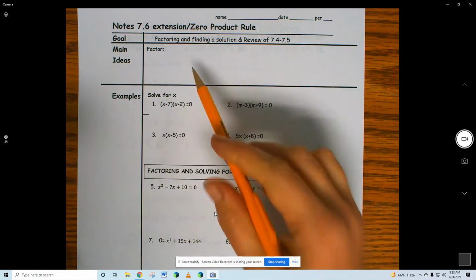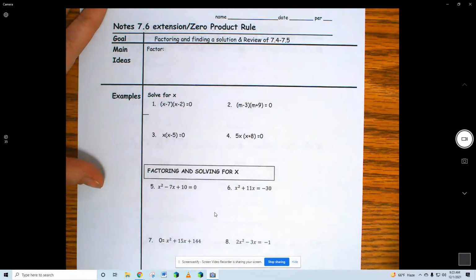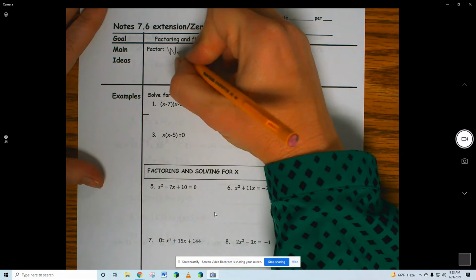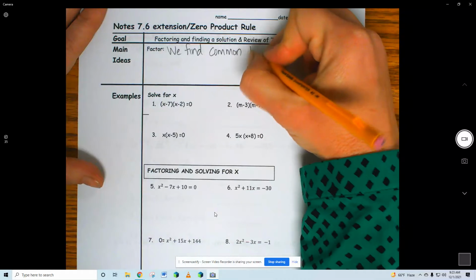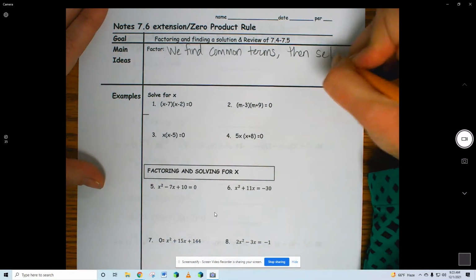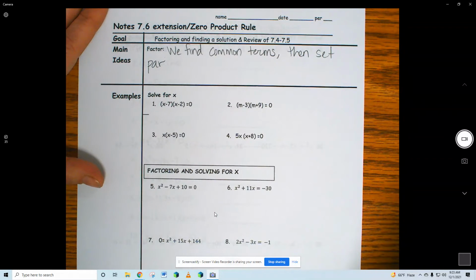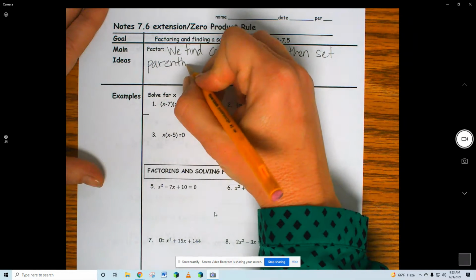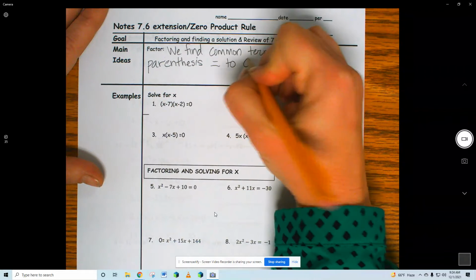So factoring means, what I'm going to put for the main idea is that we find common terms, then set the parentheses equal to 0.